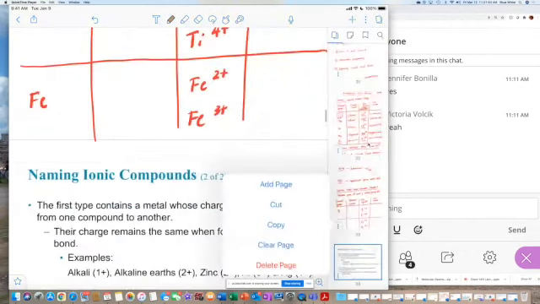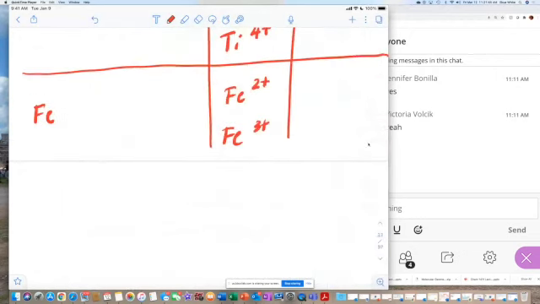Let me add a page here. And then let me go with, I think you guys did mercury, right? You did mercury as part of the thing. Let me do indium or tin.